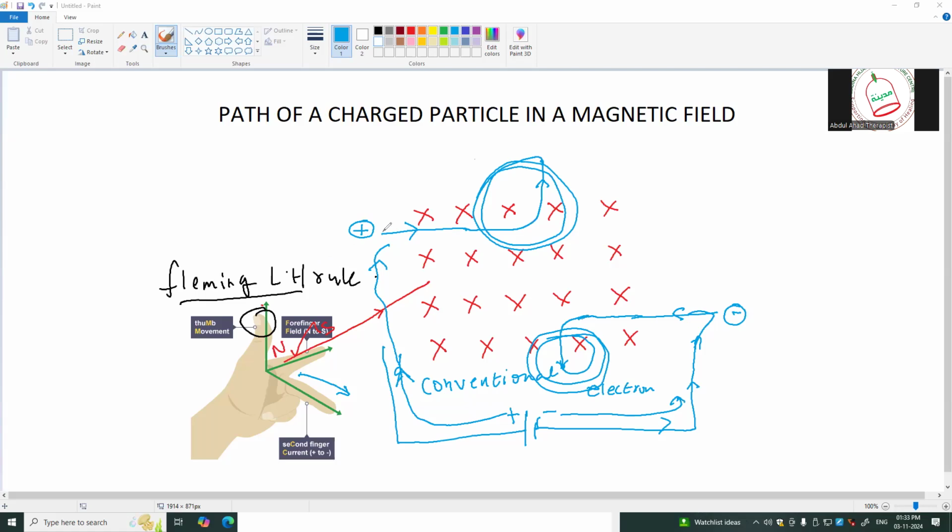Positive charges will move upwards and make a circular path. Negative charges will move downwards and then make a circular path similar to the positive charge. The difference is that they will curve in opposite directions because they come inside the field in opposite directions. You can find the direction of the force using Fleming's left hand rule.